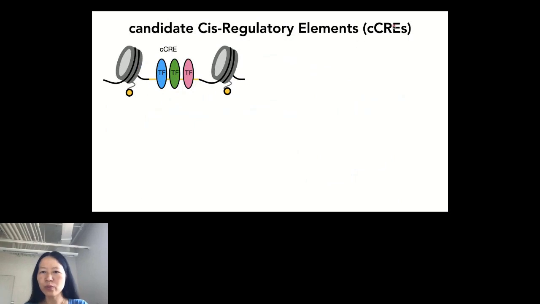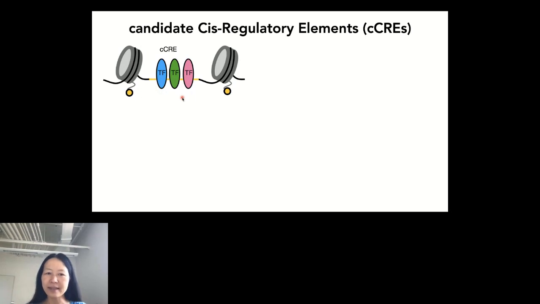So how do we define a candidate Cis-Regulatory Element? By that, we mean a region in the genome which is roughly a nucleosome sized, like 300 base pairs. Instead of being wrapped around a nucleosome, that region is actually accessible to the binding of regulatory proteins such as transcription factors, these colored blobs.